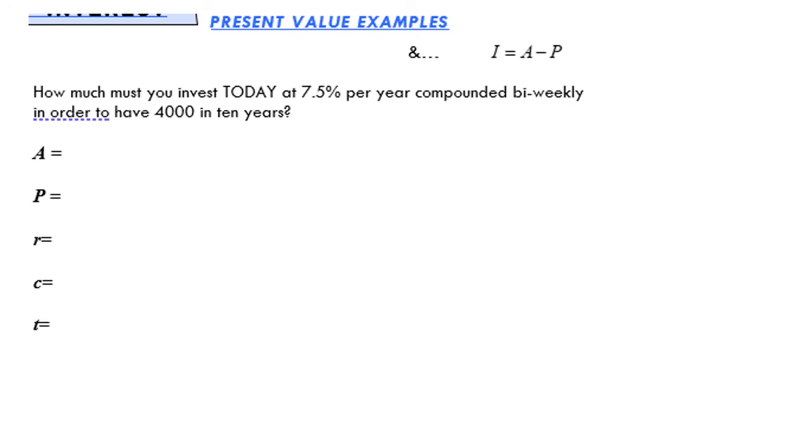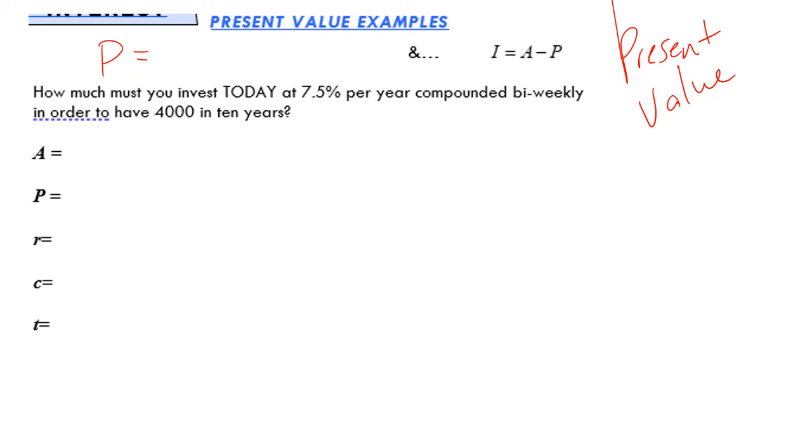The last compound interest question we're going to do is present value. And remember, it's still compound interest, but the formula is slightly different. So this time we are looking for the present value, the principal.